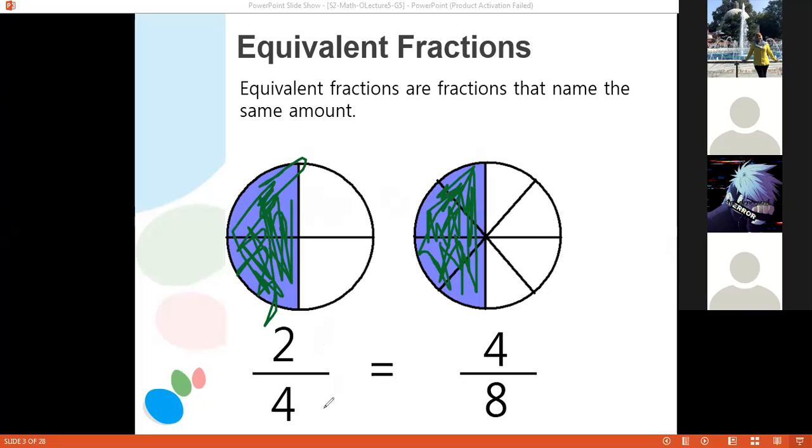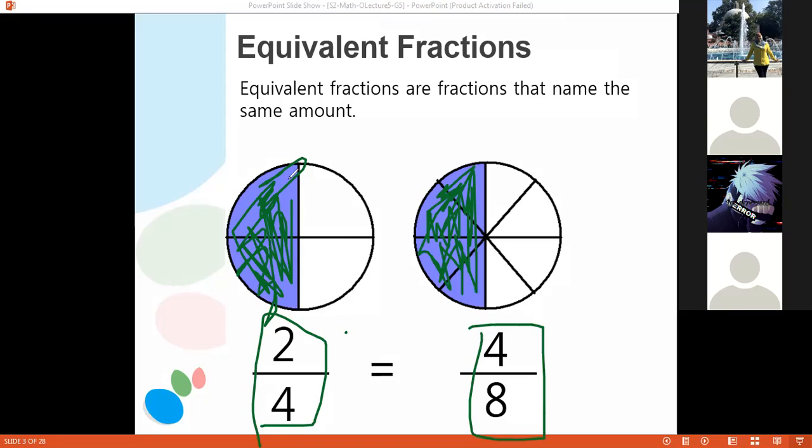So we can say now that 2 out of 4 and 4 out of 8 express the same amount. So we call those two fractions equivalent fractions. So when do I say that two fractions are equivalent?